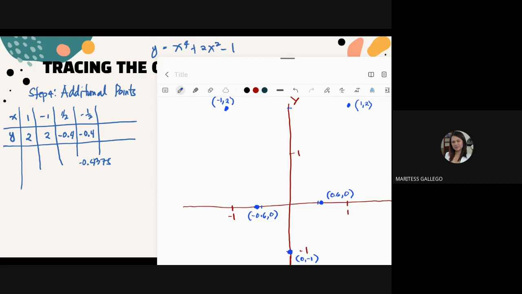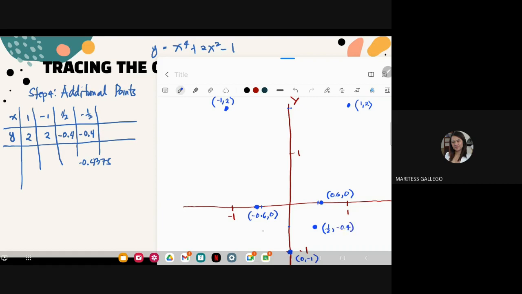So, negative 0.4. So, we know that this is 0.5. So, 0.5 yan, approximation nandito. Okay, nandito yung ating point na if x is 1/2 or 0.5, then this is negative 0.4.